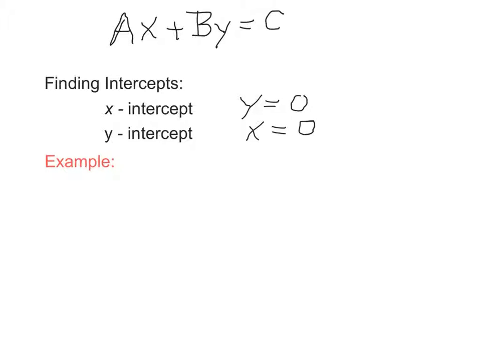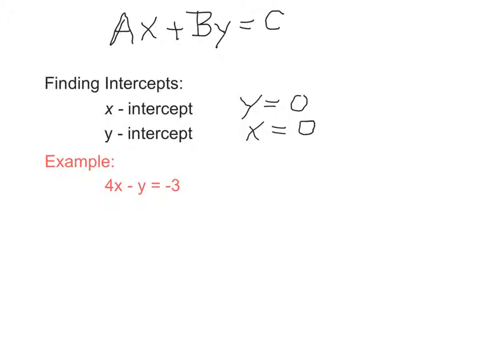So now let's look at an example. Let's assume we have the equation 4x minus y equals -3, and I'm trying to find the x and y intercepts for this equation. Once I find the x and y intercepts, it's a pretty trivial case to graph this equation since we know it's a line, and all we have to do is connect the two points we come up with for the x-intercept and the y-intercept.